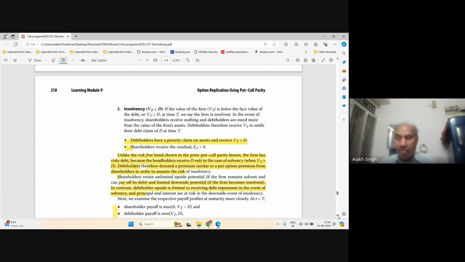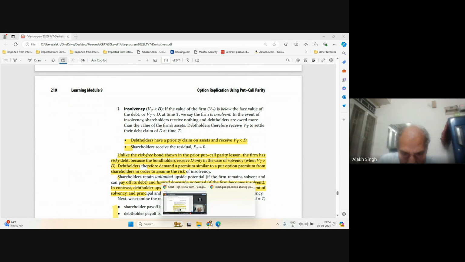And what did the stockholders buy? They bought a call, because a call on the firm's assets means if the underlying goes above X, then they will have a one-to-one relationship. Otherwise, they will get a zero. So that's how it is going on.